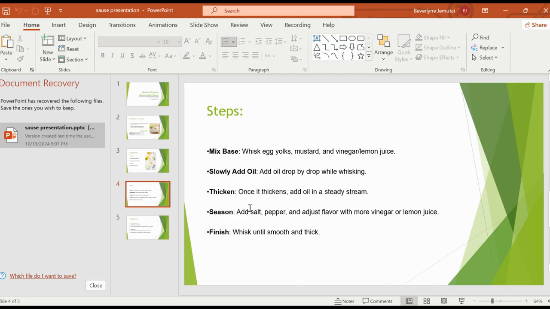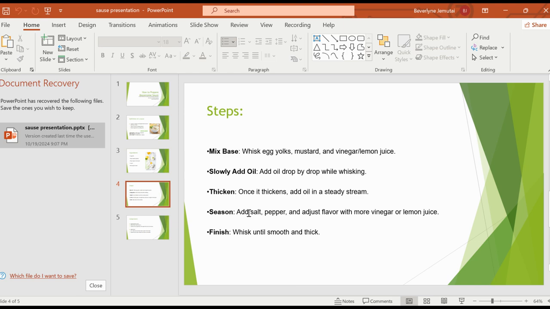Step number three, that one there's no problem about it. The problem is number two, whereby you are adding oil. And then number three is once it's thickened, you add oil in a steady stream.